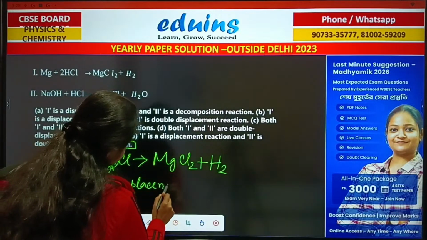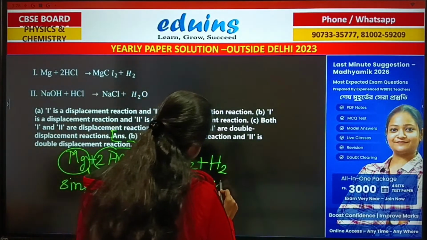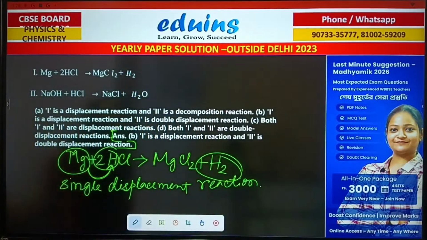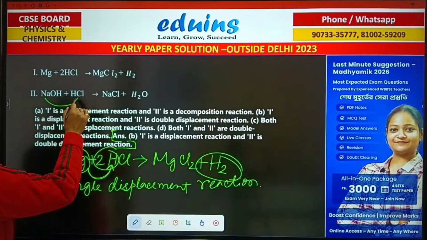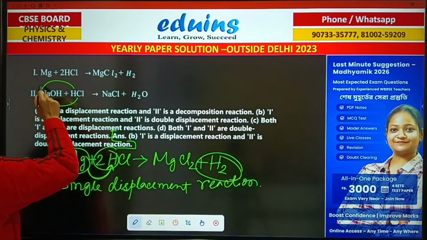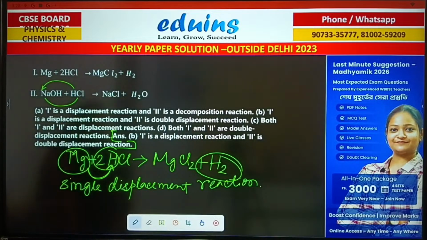Displacement reaction. For the second, we get NaOH plus HCl, that makes NaCl plus H2O. Here Na takes the place of hydrogen, and also hydrogen takes the place of sodium, and this is an interchanging between the positions of sodium and hydrogen in this reaction.